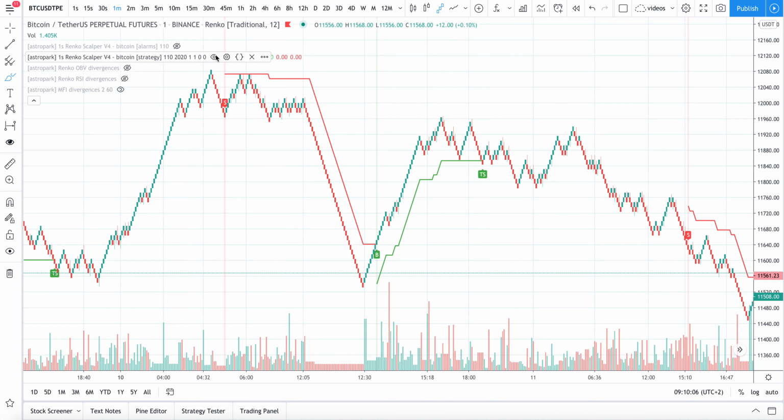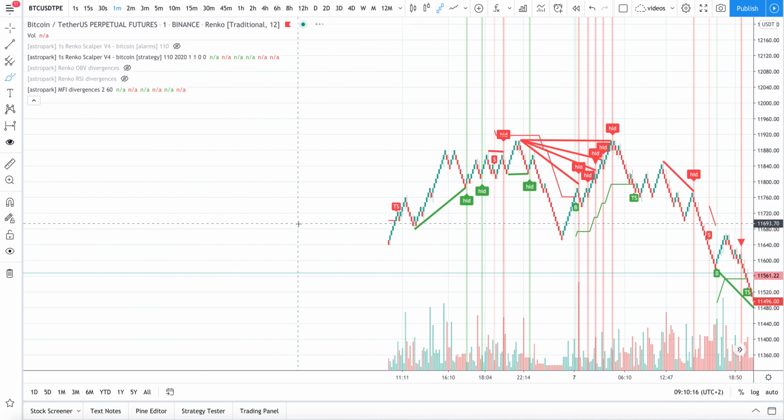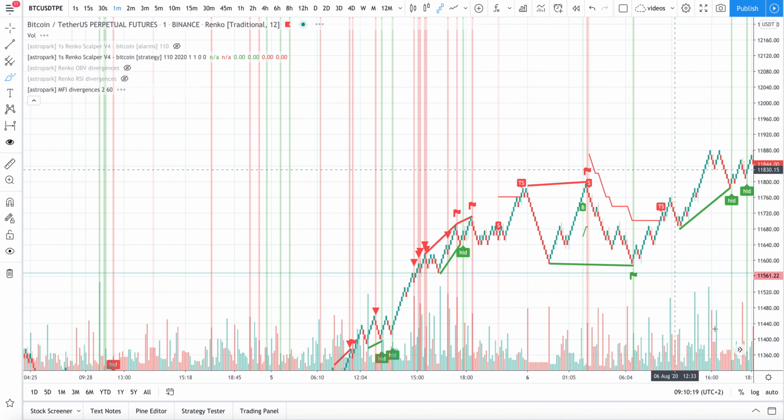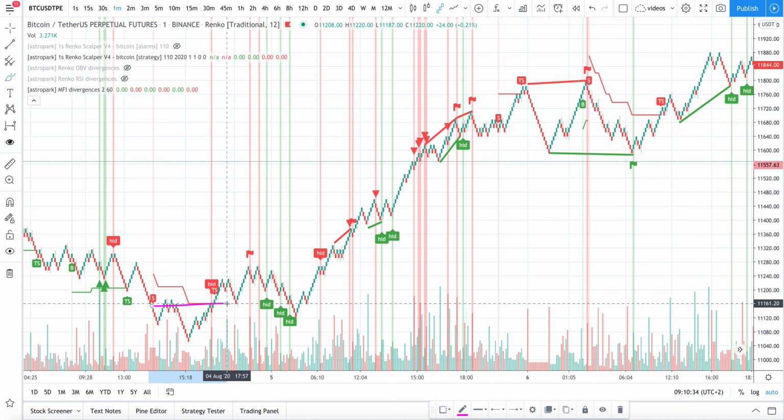Let's take into consideration also the Money Flow Index, for example. Let's go into previous history. Okay. Oh, here the trade was closed at the same price as the entrance.